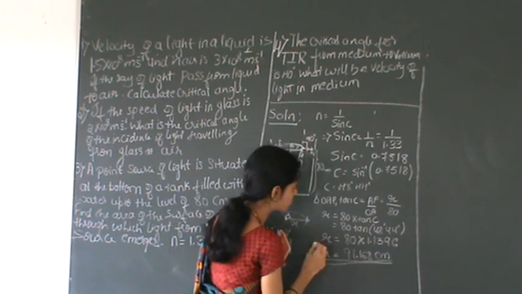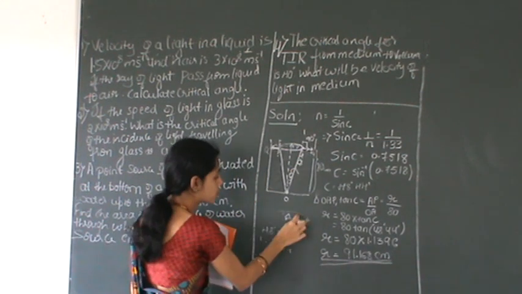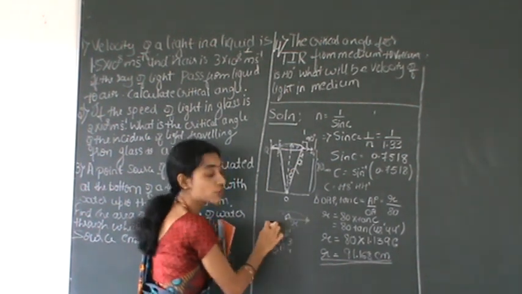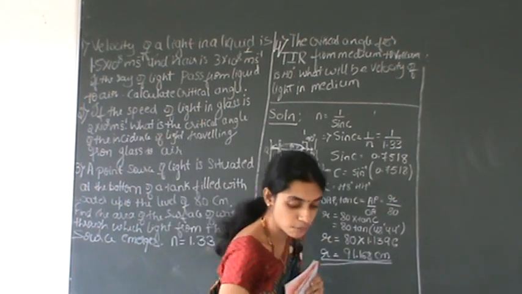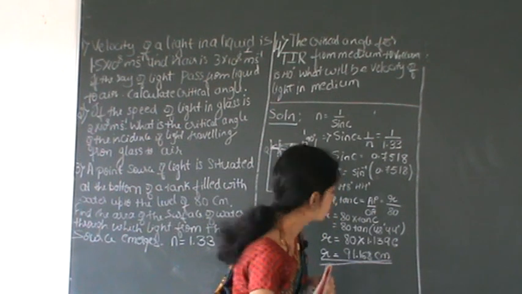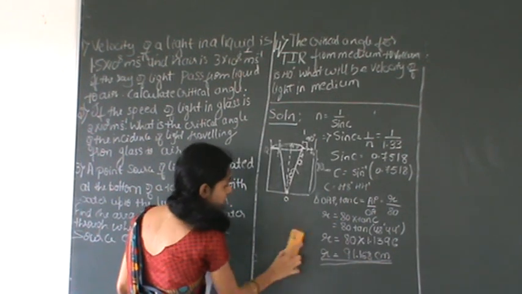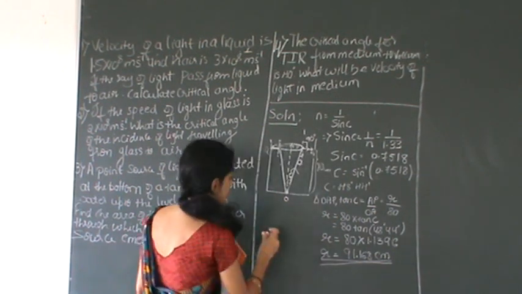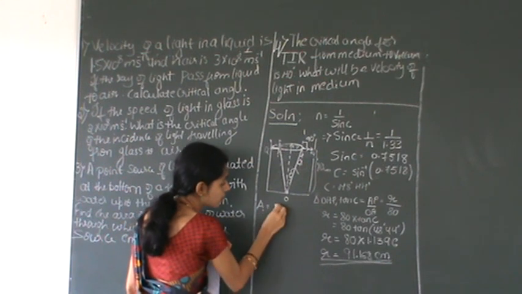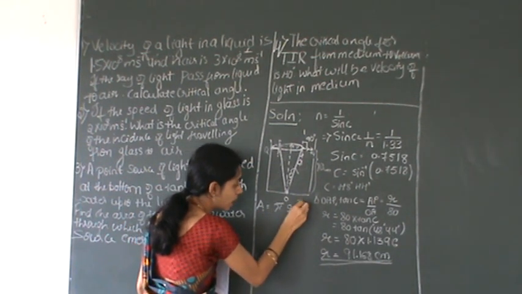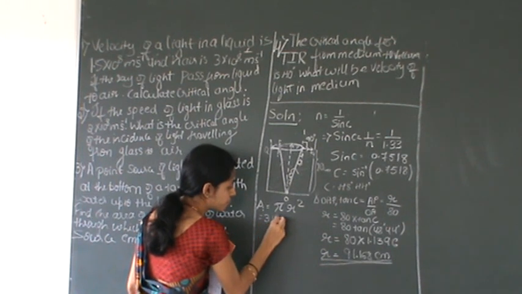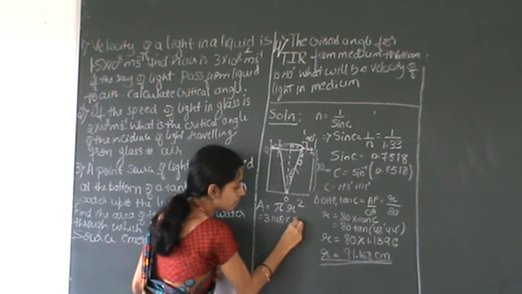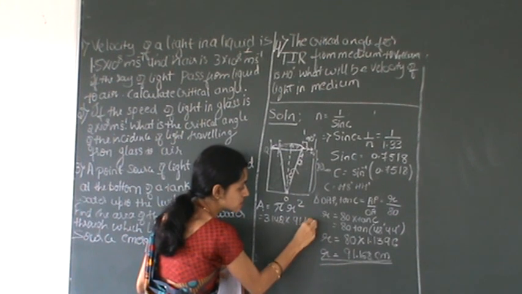Last, finally, what you have to find out? You have to find out the area of this circular surface. Okay, what's the formula to find out the area of the circle? You know that A is equal to pi r square. 3.142, value of r is 91.168.